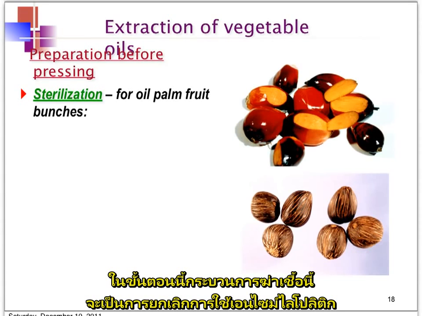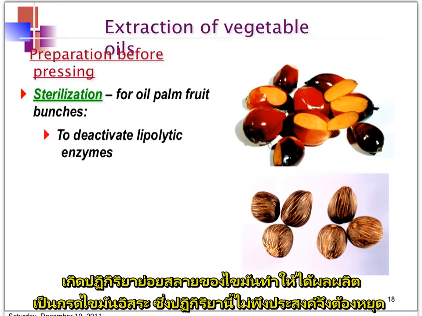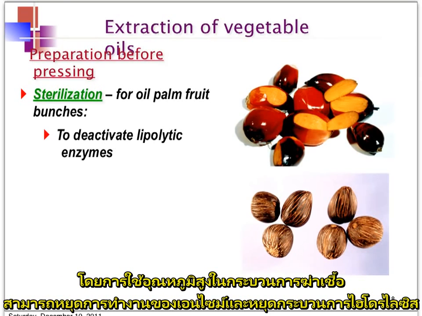The function of the sterilization process is to deactivate the lipolytic enzymes. Lipolytic enzymes such as lipase in the oil palm fruits can cause hydrolysis of the triglycerides, or the fat, to produce free fatty acid, and this is an undesirable chemical reaction that needs to be stopped. By using high temperature in the sterilization process, we can deactivate the enzyme and stop the hydrolysis process.